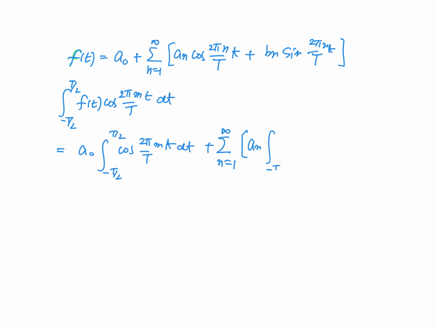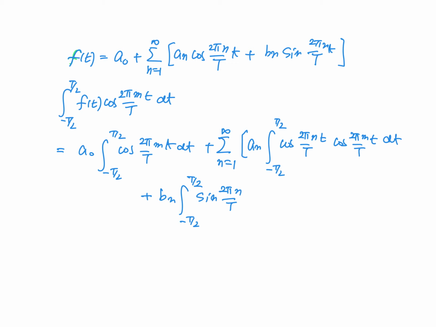Then we have an times the integral of cosine 2 pi n t over T cosine 2 pi m t over T dt, plus bn times the integral of sine 2 pi n t over T cosine 2 pi m t over T dt.